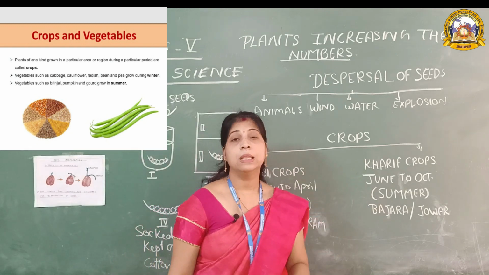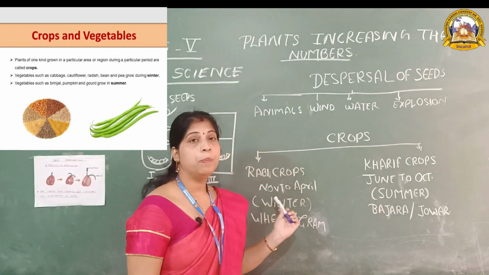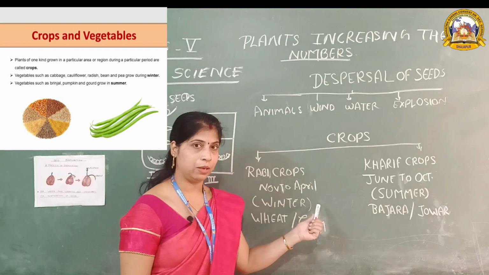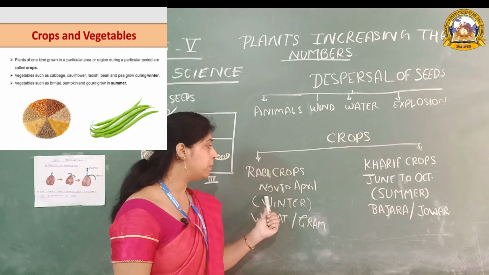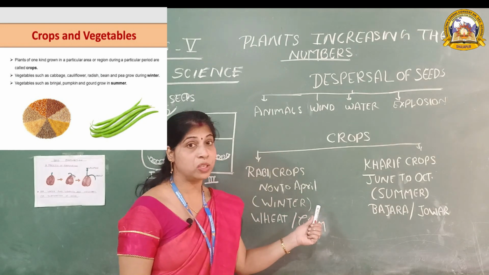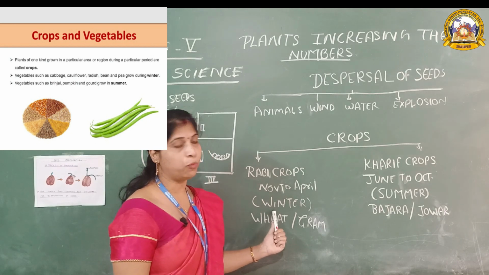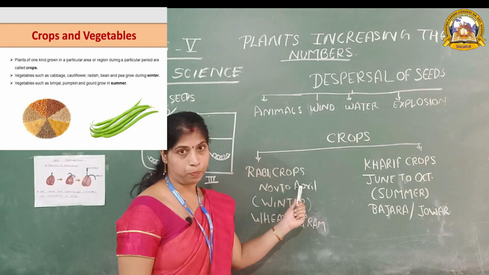You know, the crop which we grow between the time period of November to April. What is the time period? November to April. It means which season? Correct, it is the winter season. This type of crop is known as Rabi crop.